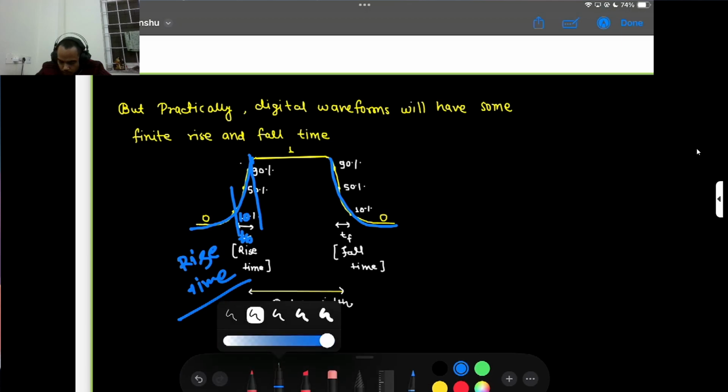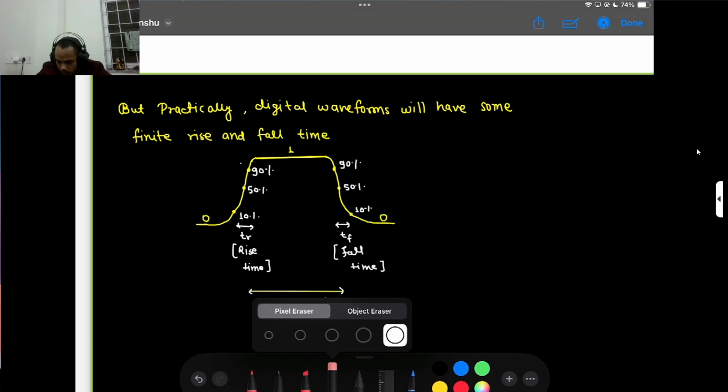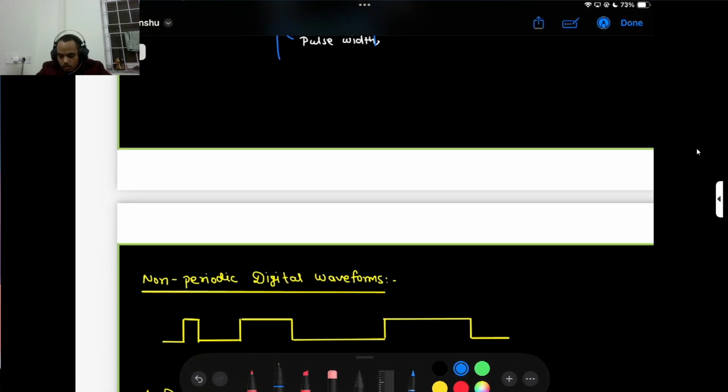The signal going from 90% to 10% is the fall time, this is TF. And this width, from here to here, is my pulse width.